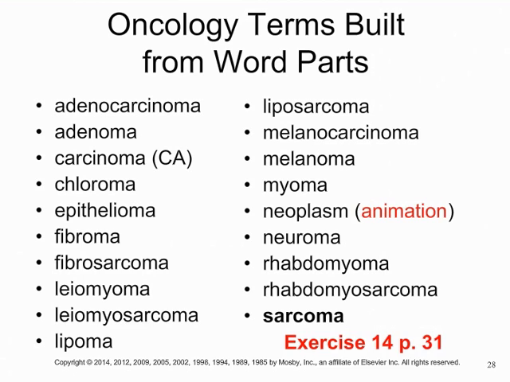For example, adenocarcinoma. I know oma, so I know it's a tumor of some kind. Adeno means gland, and carcino means cancer. So a carcinoma would be a cancerous tumor of a gland.